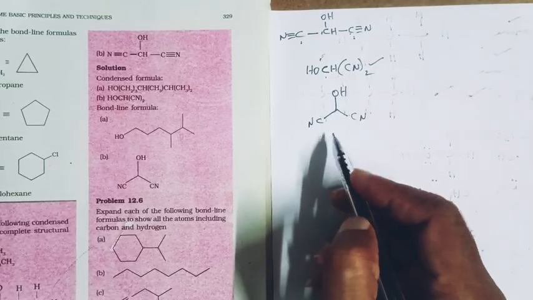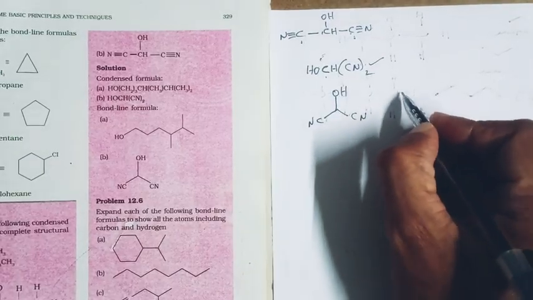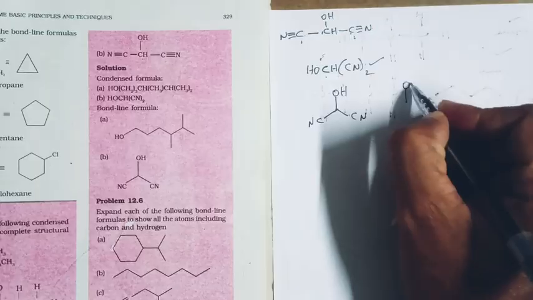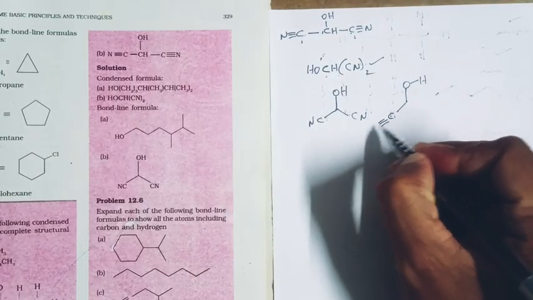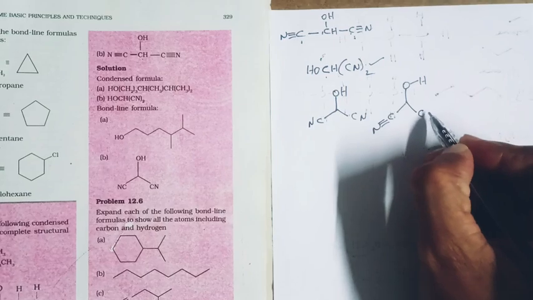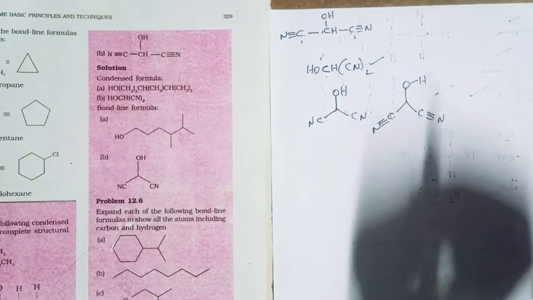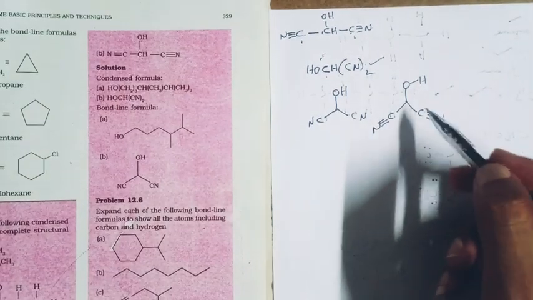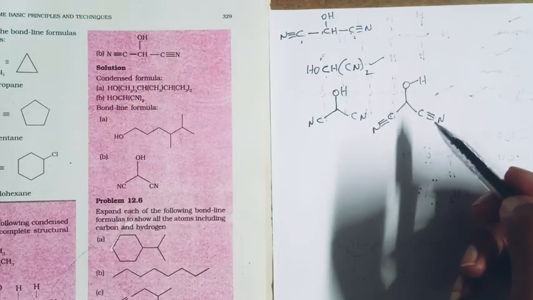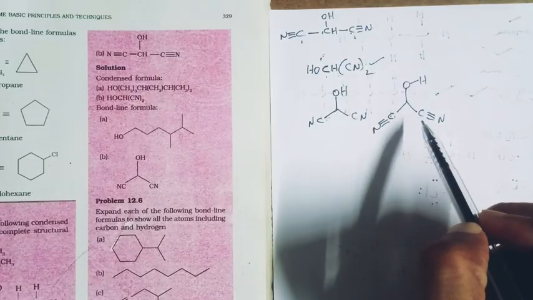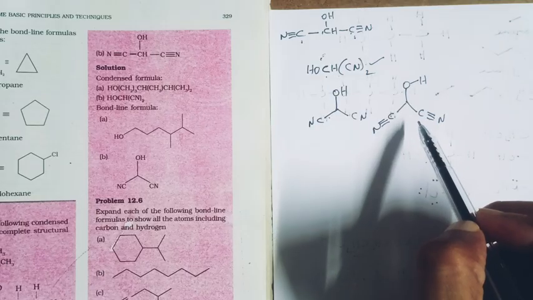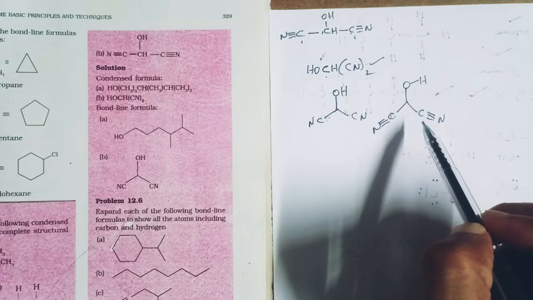This is the bond length formula, or even we can further expand this one, like OH, and here C triple bond N, and C triple bond N. Like this we can further expand this one. So this is the bond length formula. Either this one or this one, both are correct. Okay. So this is how we have to write the bond length formula.